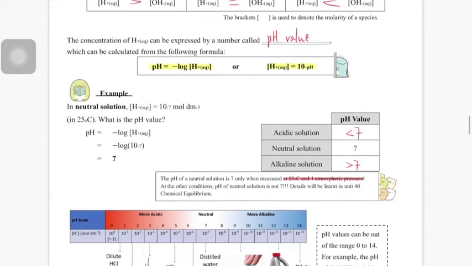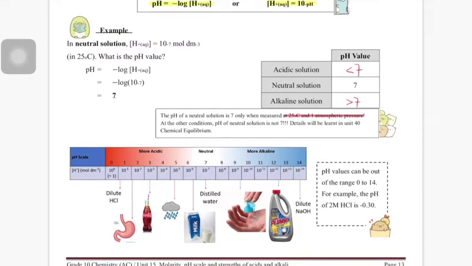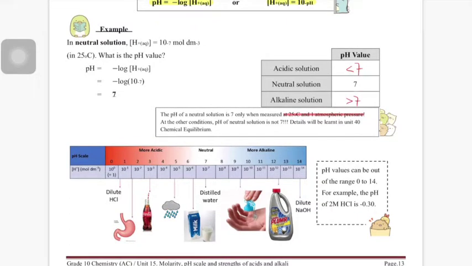Here are some common examples in our daily life, and you should be quite familiar with those pH, at least a rough range of what the pH number is going to lie between. First, you can see inside our stomach it got a pH around 1 to 2, so it's strongly acidic.